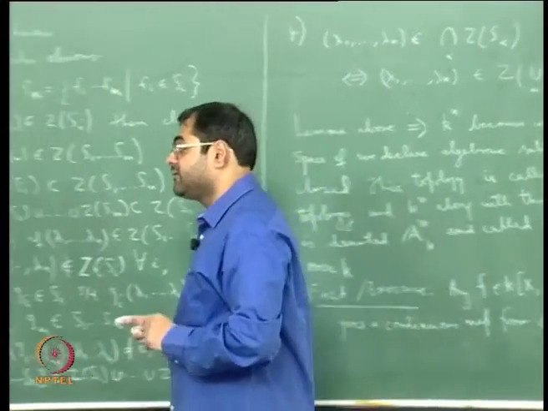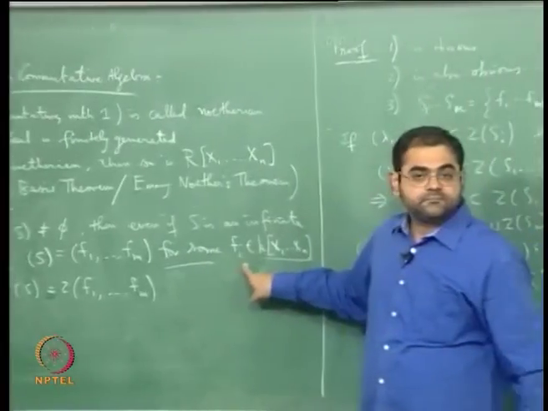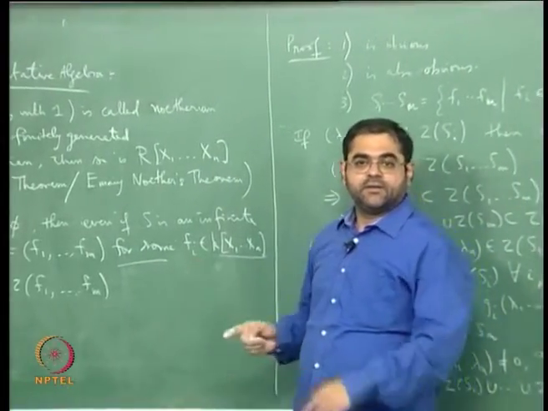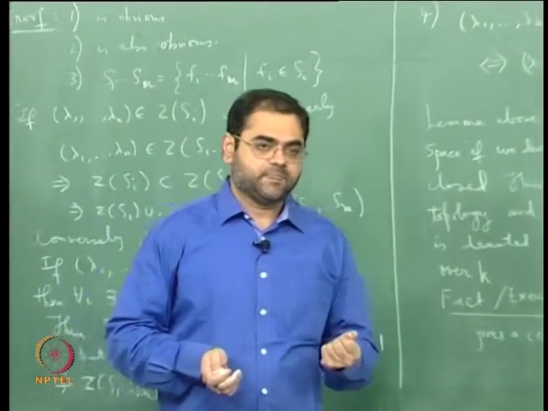And in fact you may ask, when I write here for some Fi, it seems as though these Fi are very abstract, that you cannot catch them, but that is not true.